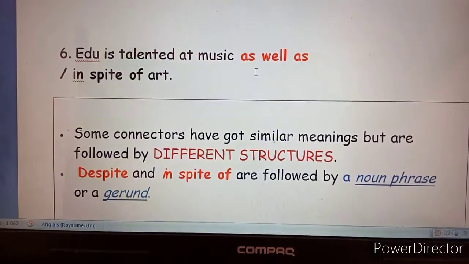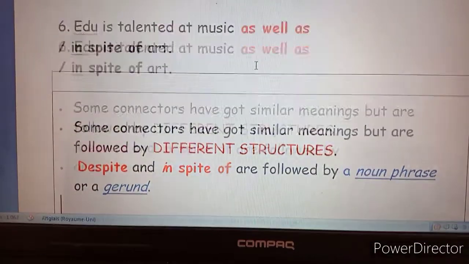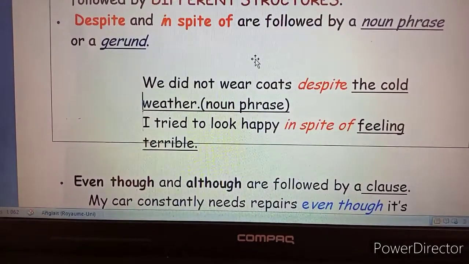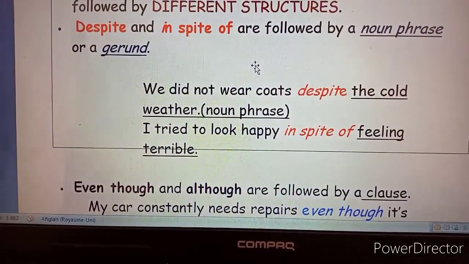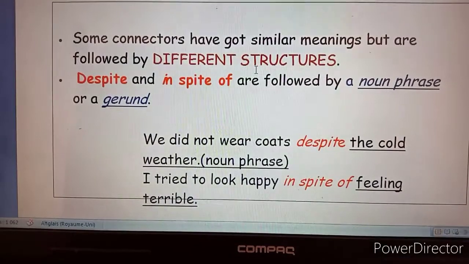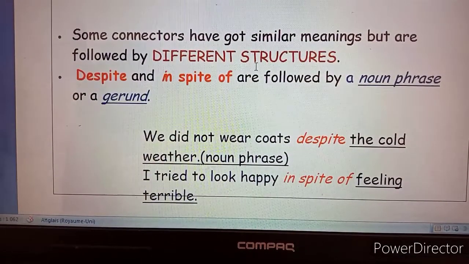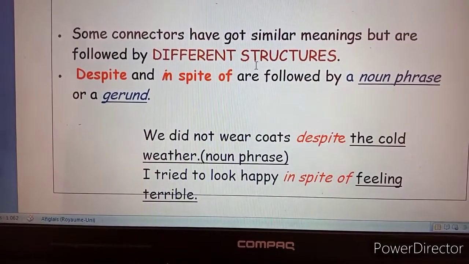So, some connectors have got similar meaning but are followed by different structures.